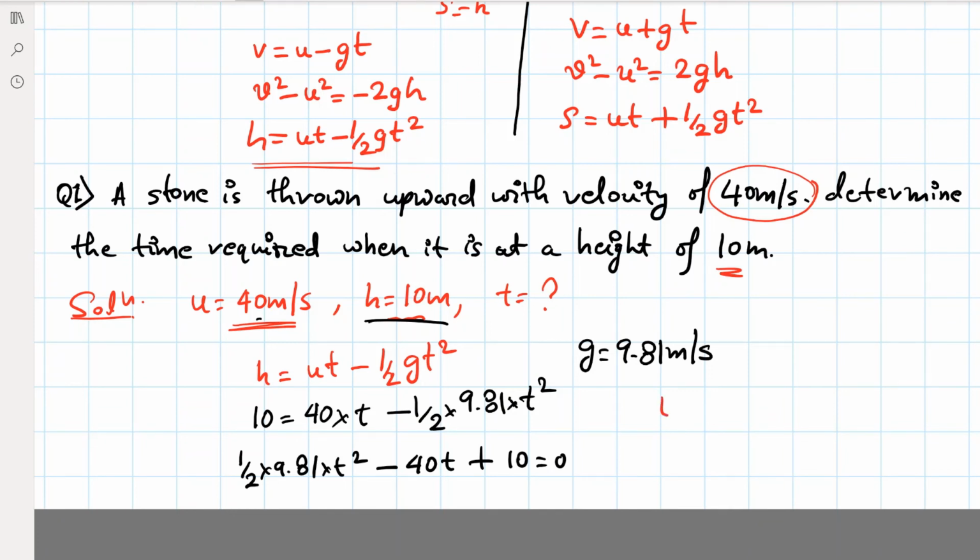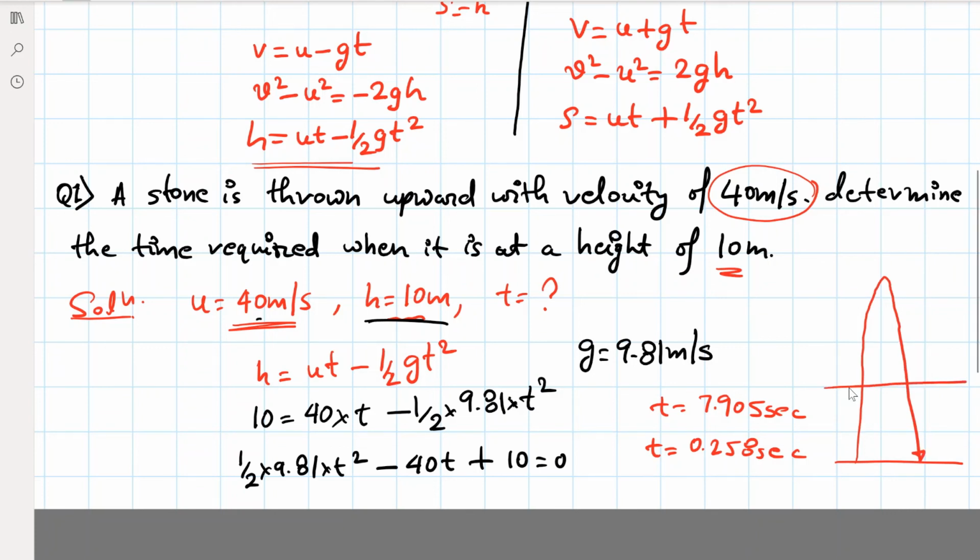So we will get two answers: t is equal to 7.905 seconds, and one more, t is equal to 0.258 seconds. We are getting two values because if I consider the ground surface and throw one object upward, it will reach some height, then it will come back to the ground.